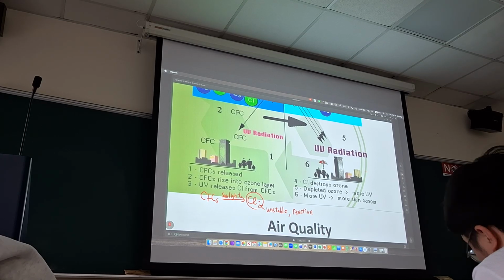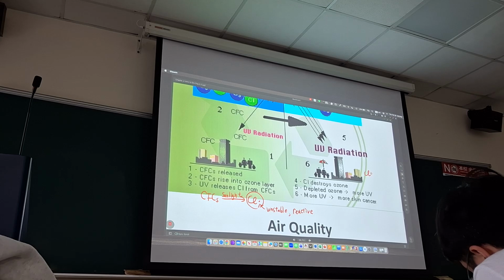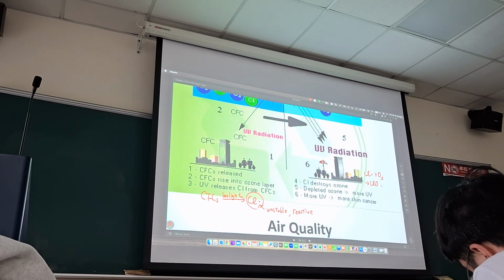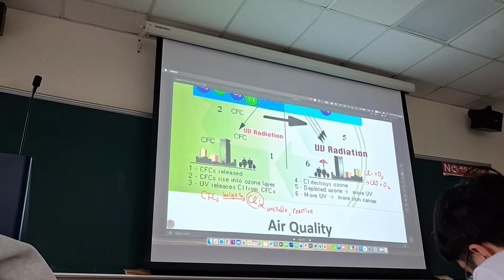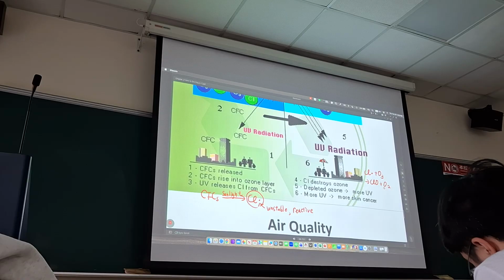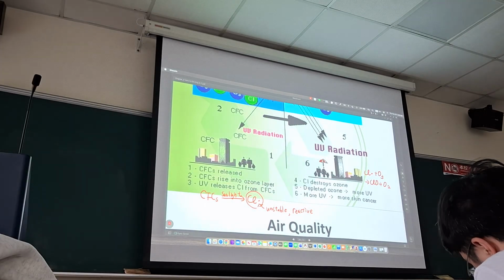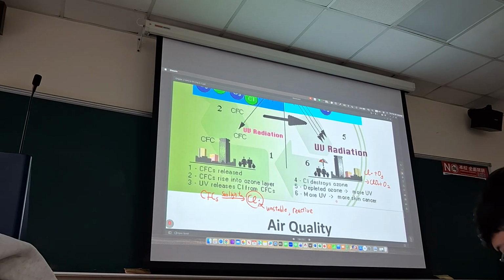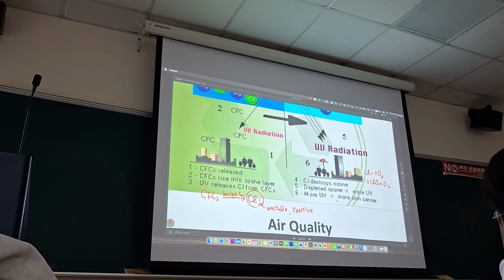So this chlorine free radical will react with ozone. It becomes ClO plus oxygen. It will break down the ozone, giving ClO free radical.